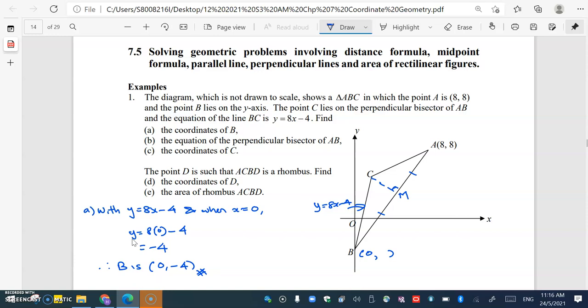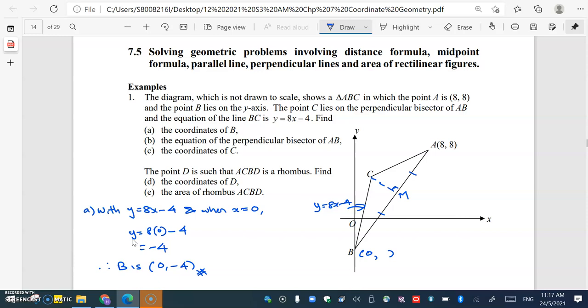Now in part B, the equation of the perpendicular bisector of AB. Essentially it's talking about the equation of CM in the diagram that I have drawn. We know that CM is perpendicular to AB. So if we can find AB's gradient, we know that the gradients are related.